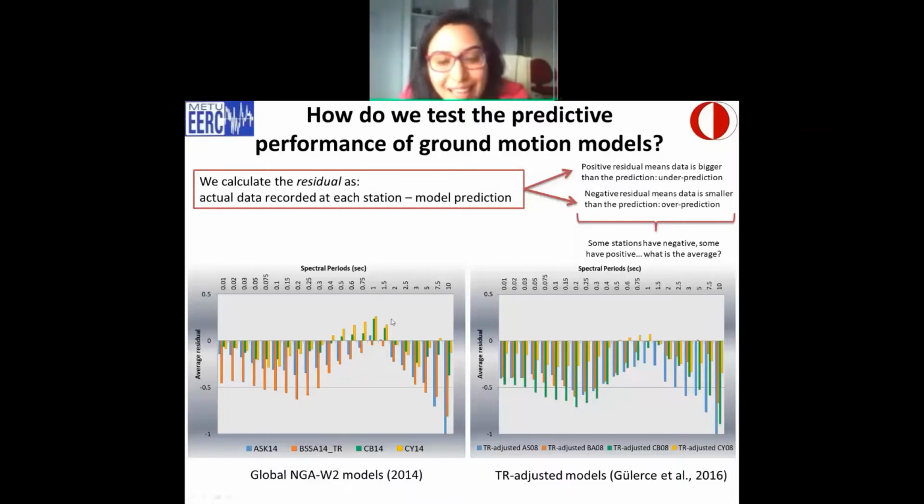The average residuals are positive, indicating that the recorded ground motions are significantly higher than the model predictions in these periods. This is valid for the global models, but if you look at the regional models, we don't see that difference as much. In particular, the average residual is negative. That means for almost all cases, we have over-prediction for this earthquake.